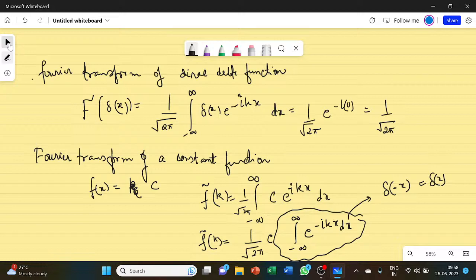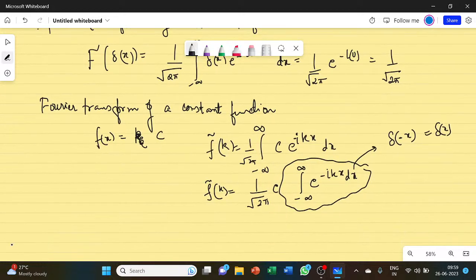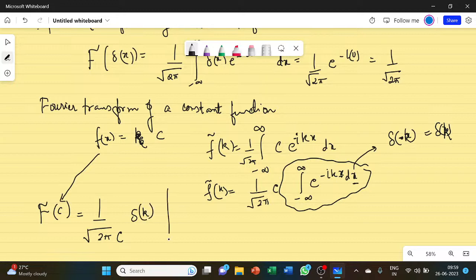So basically the Fourier transform of a constant function c, that is f of x equal to c, I can write as 1 upon root 2 pi times c times 2 pi delta of k, because here the integration is over x, so you have to see the argument accordingly. So I'll get delta of k. This is how I can define the Fourier transform of a constant function.